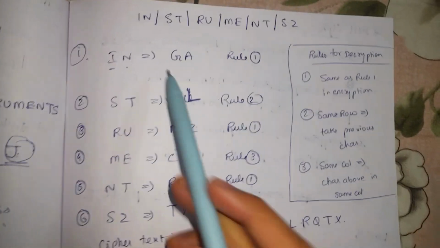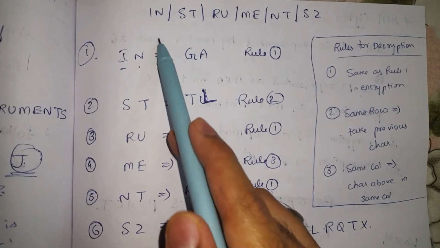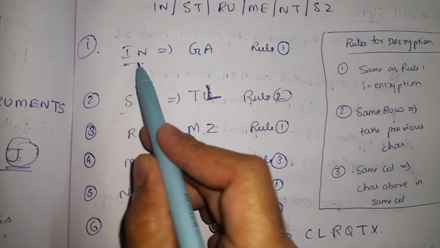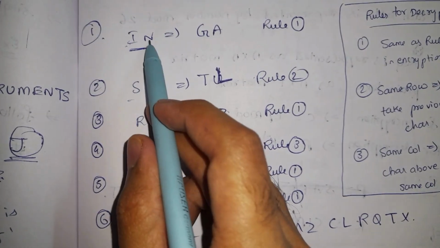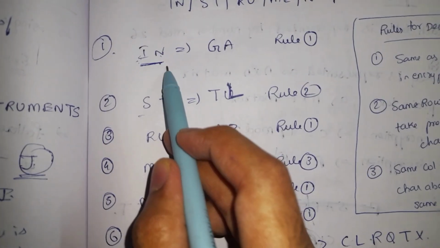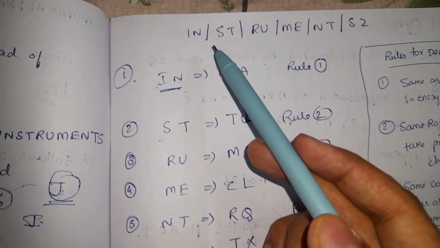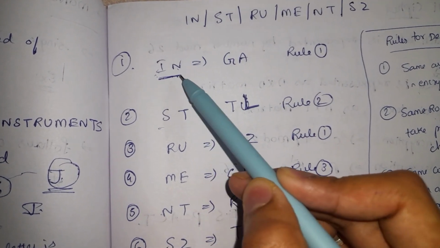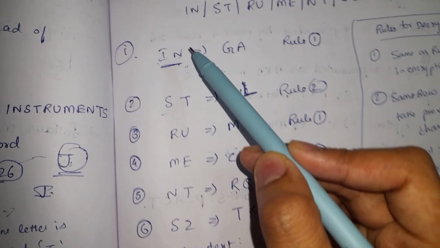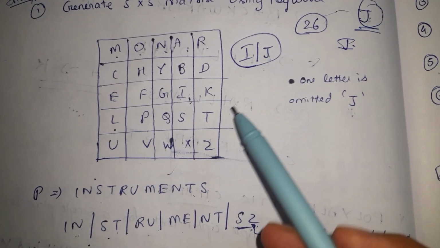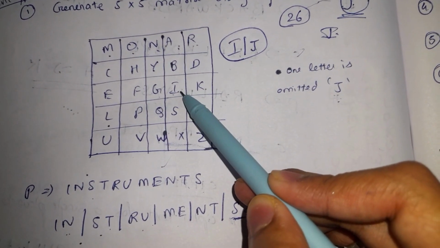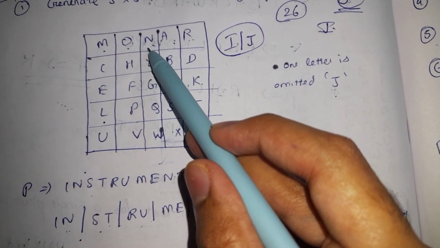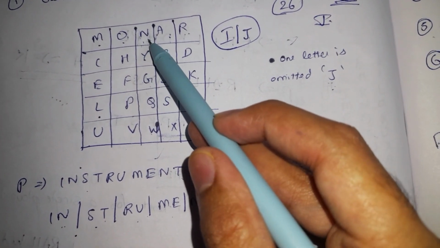Now this is our plain text, so we are acting on pairs at a time. First we have taken I and N. Look at the matrix first. Where is I? Look at the I here, the first character, and the second character N. They are clearly in different rows and different columns.